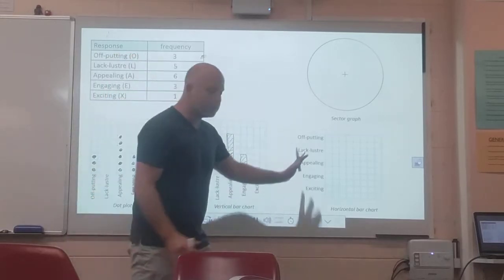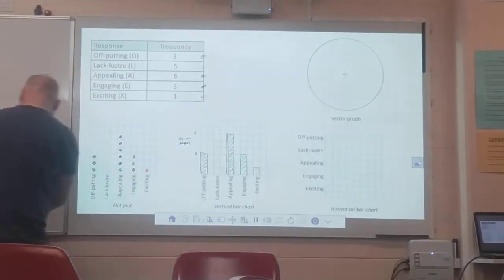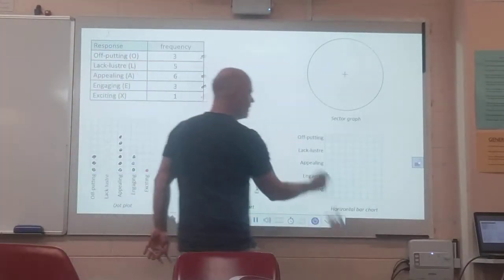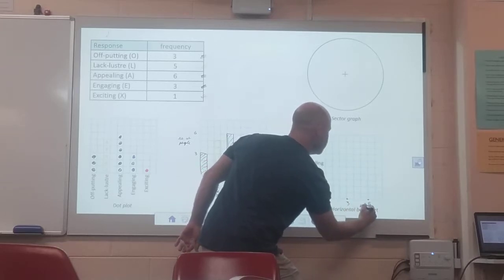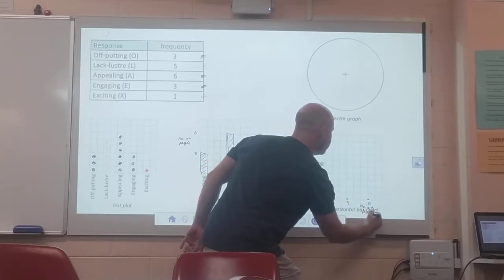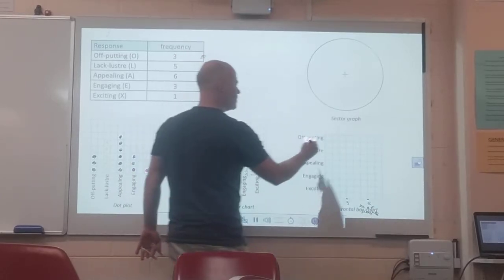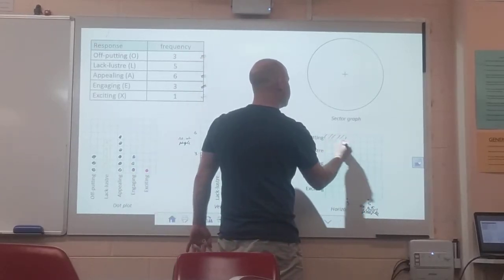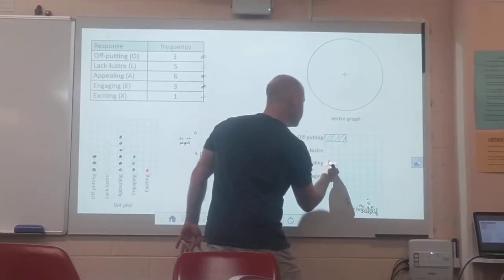Done. Now the horizontal one's going to be exactly like this, except everything gets turned on its side. We'll still have our label here. Scale 3, 6, number of people over here. Off-putting at 3 and appealing 6.